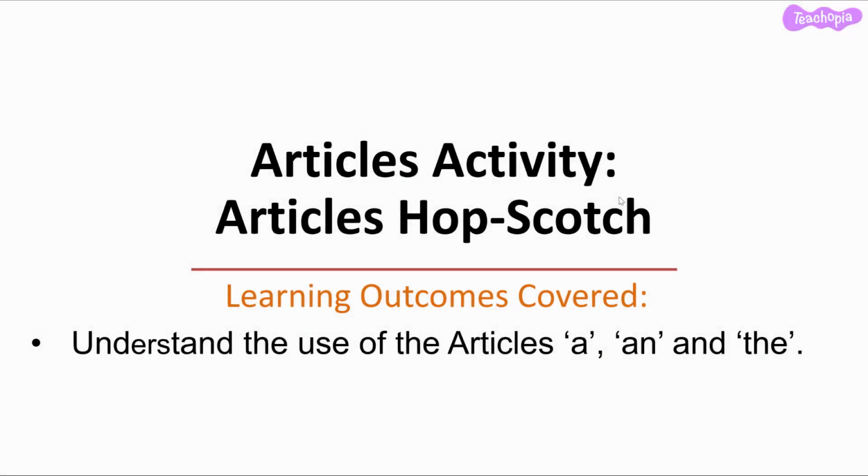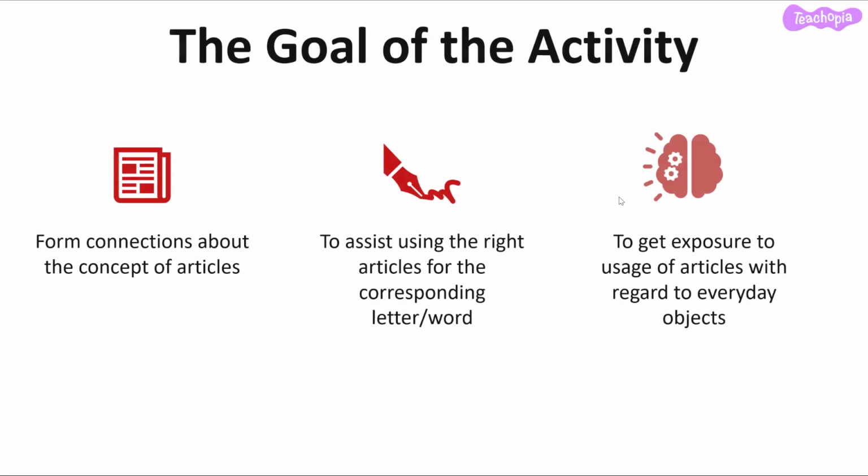Let's help learners understand the use of the articles a, an, and the through an activity called Articles Hopscotch. The goal of this activity is to help learners understand when articles are used, use the right articles for the corresponding letter or word, and understand how to use articles in a sentence.